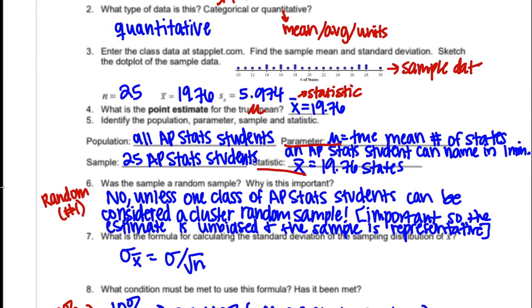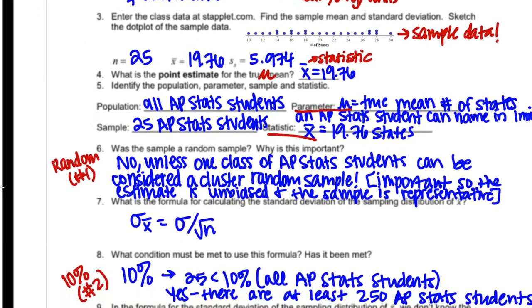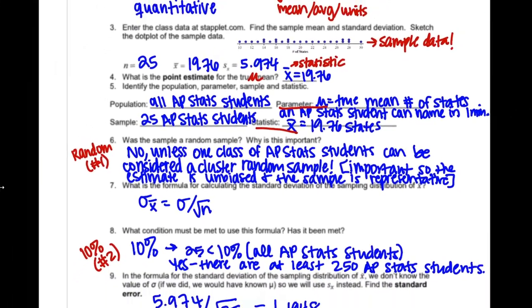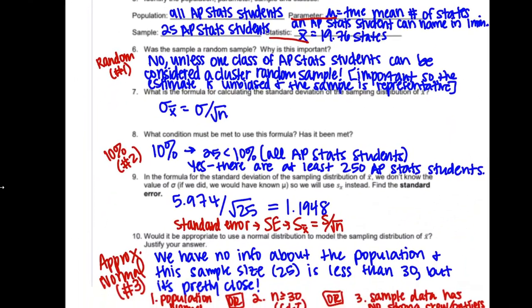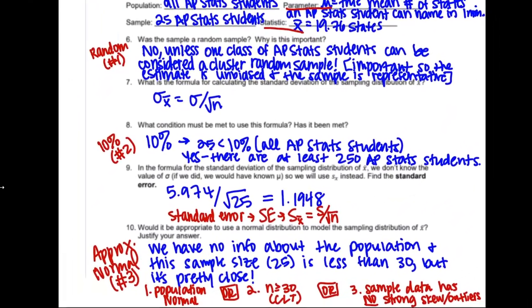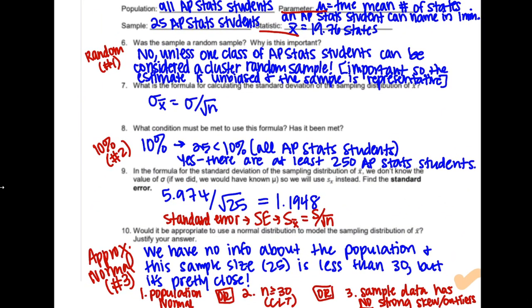And so I'm looking at that distribution. I don't see any strong skew and I don't see any potential outliers. It's actually pretty evenly distributed there. So I'm going to say that it is met because of this 3rd criteria right here.